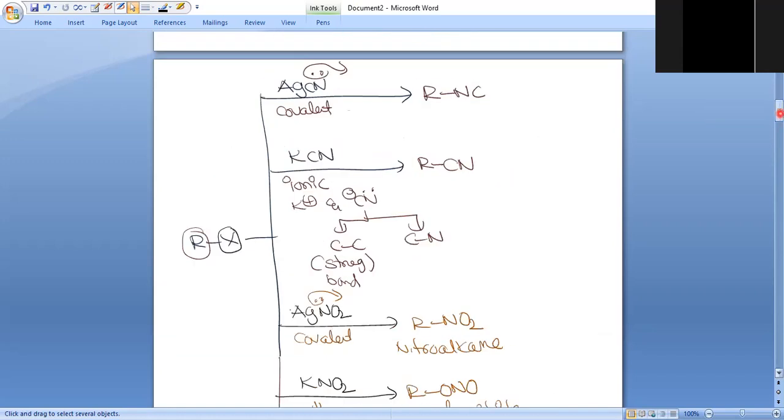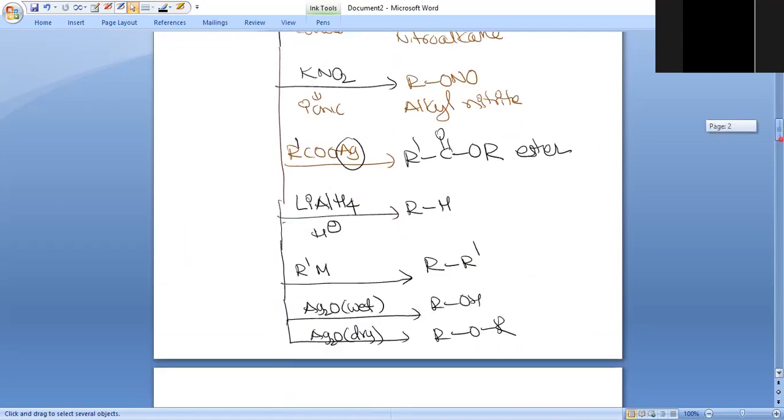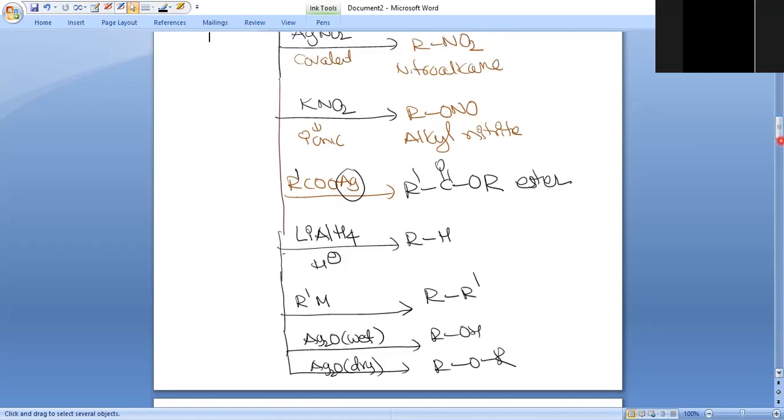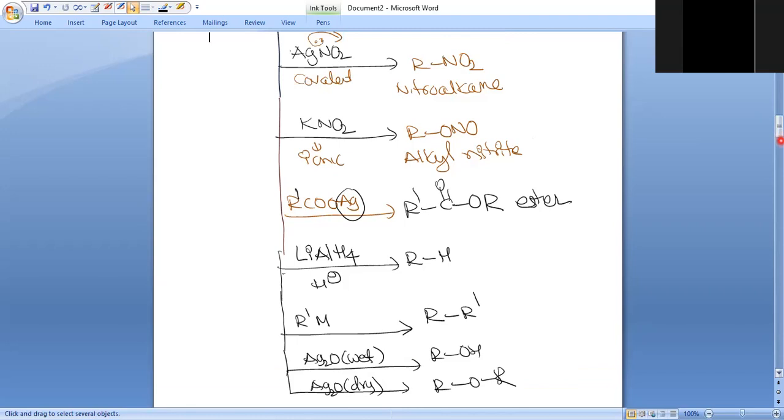So next one, AgCN is a covalent compound, RNC will be formed, and in the KCN case, RCN will be formed because the CC bond is a stronger bond. AgNO2 means nitroalkane, KNO2 means alkyl nitrite, and RCOOAg means ester.